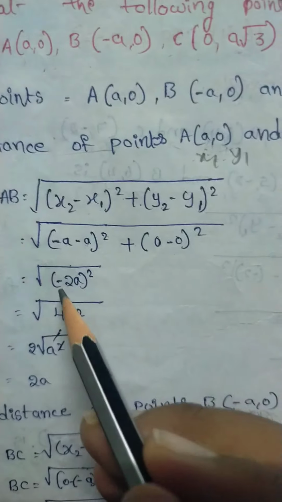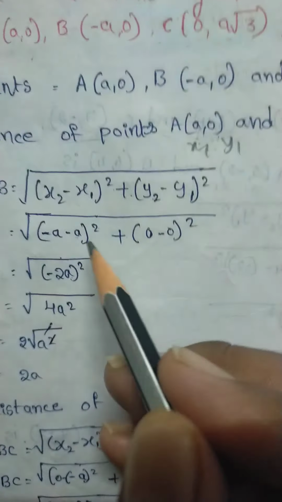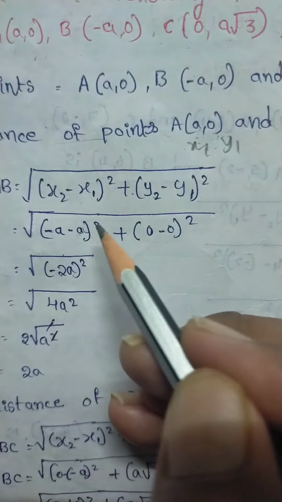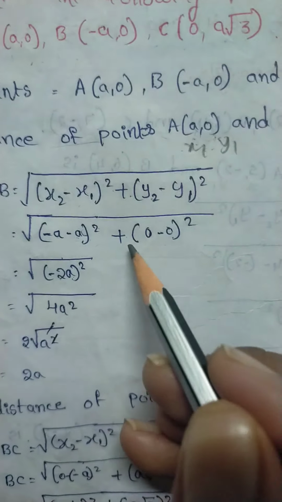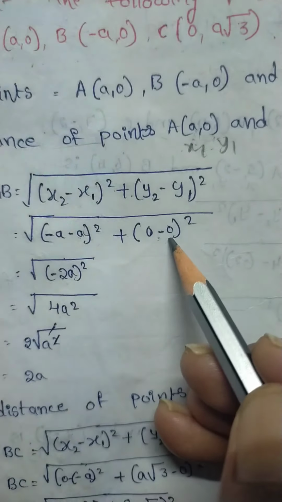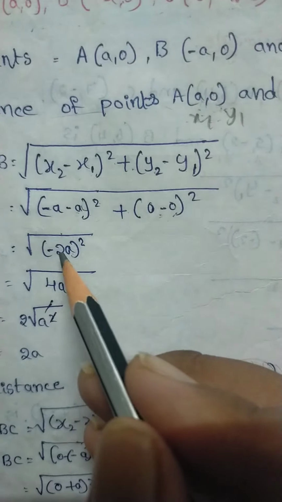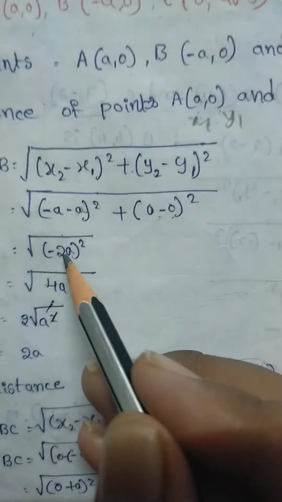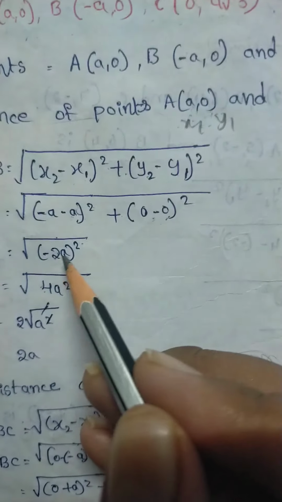Minus a, that is minus 2a... (minus 2a) whole square plus 0.